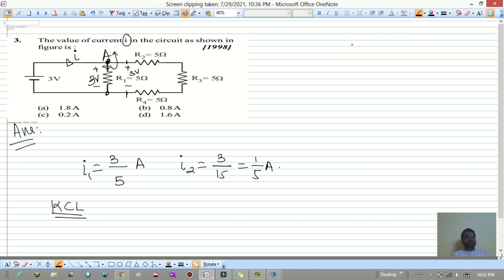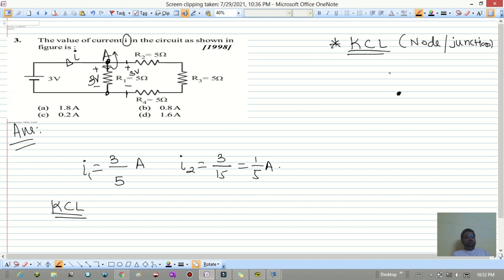I'll just give the idea of what Kirchhoff's current law is. Kirchhoff's current law, or else we can say this is the node or junction law. It is applied at a node, and it says whatever current is incoming and whatever current is outgoing, these currents are equal.